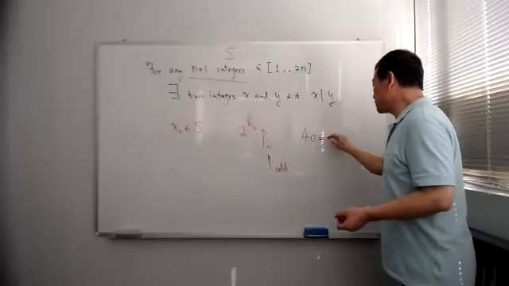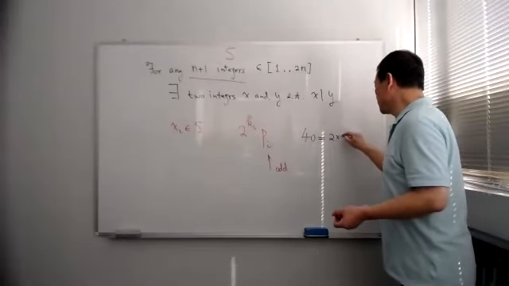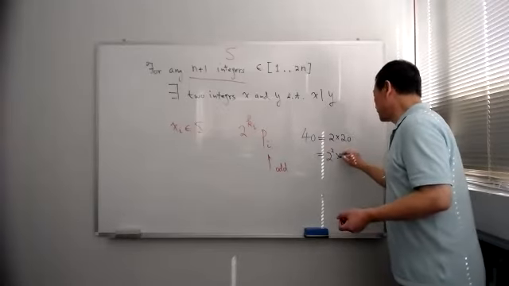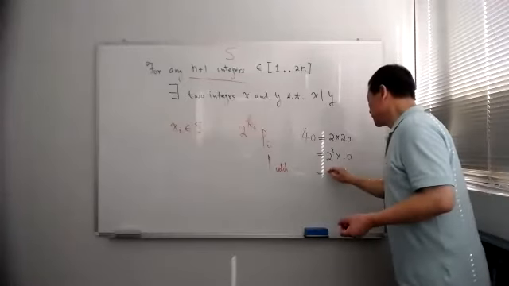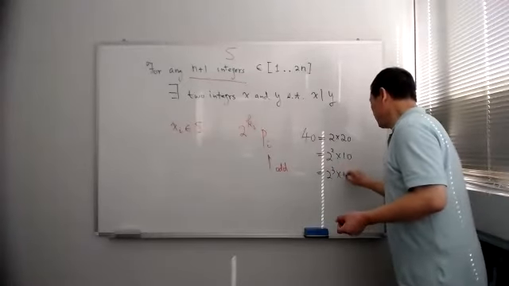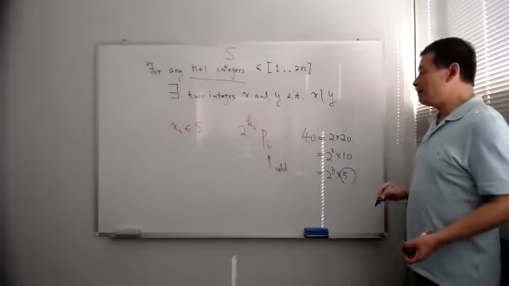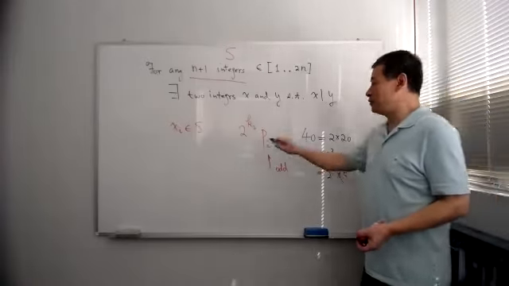We keep on dividing it by 2, so that's 2 times 20. Keep on dividing by 2: 2 to the power 2 times 10, 2 to the power 3 times 5. So that's the p_i. The integer can be represented in this form.